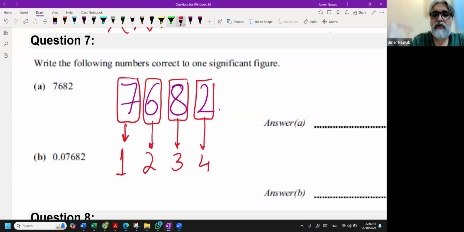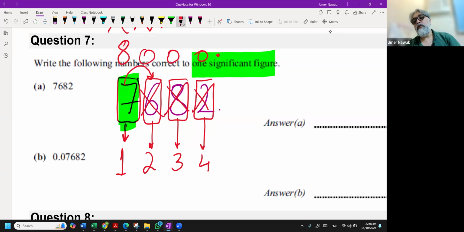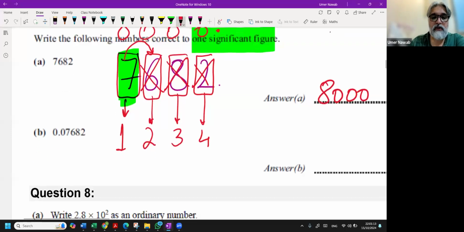I want to write this number to one significant, so up till here. After 7, I have 6, so 7 should be raised by 1. So it becomes 8. Now, till the decimal, these 6, 8, and 2 should be replaced by zeros to secure their place values. So 8,000 will be the answer for 7682.